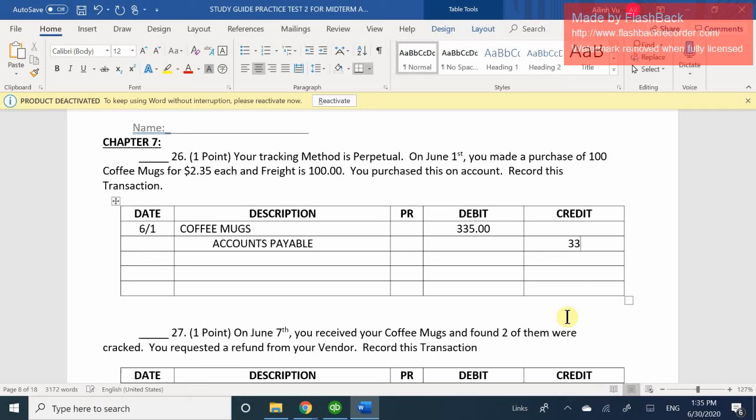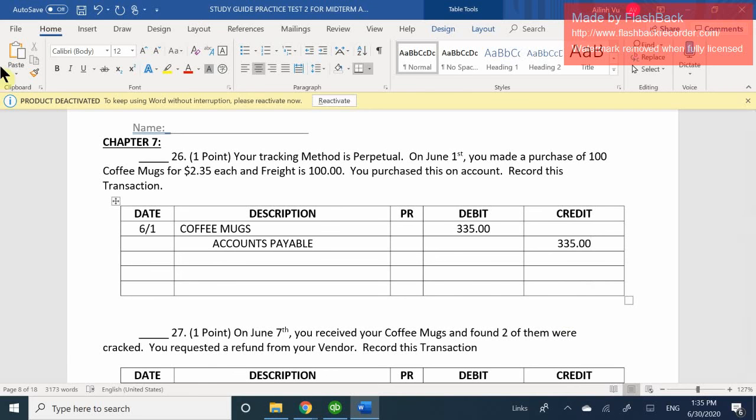Well, you made a purchase of 100 coffee mugs for... oh, never mind. Yeah, the freight is in there, with the freight, yeah, because everything goes into inventory. Good, thank you.